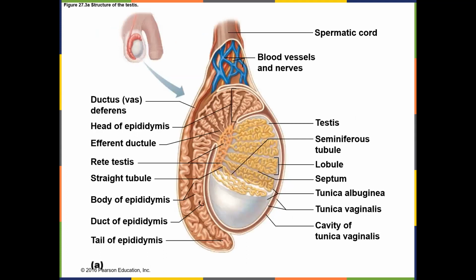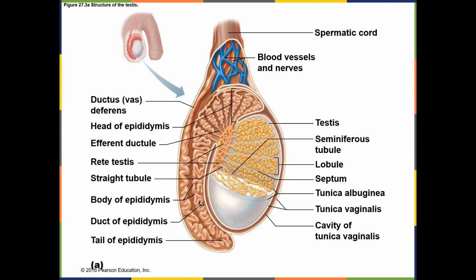Okay, so here's a close-up of the testes. You can see the epididymis on the left-hand side. And that's where the immature sperm all go to mature. It takes about 3 weeks in there. You can see the spermatic cord coming off the top. You can see the vas deferens coming off the epididymis.